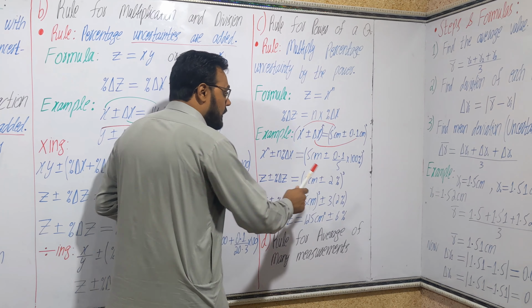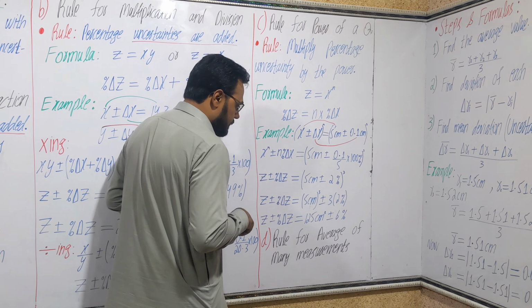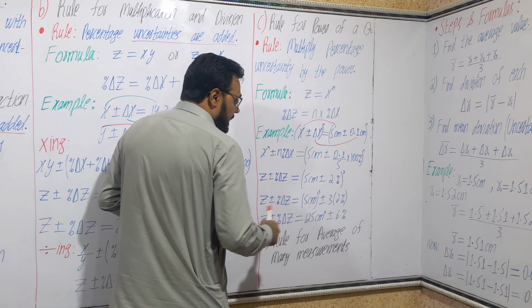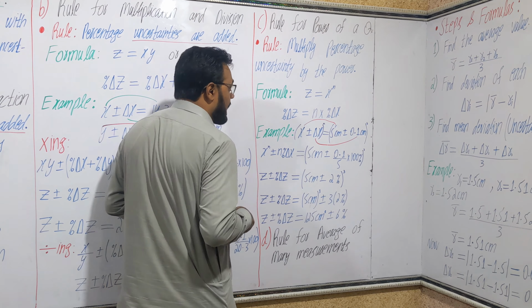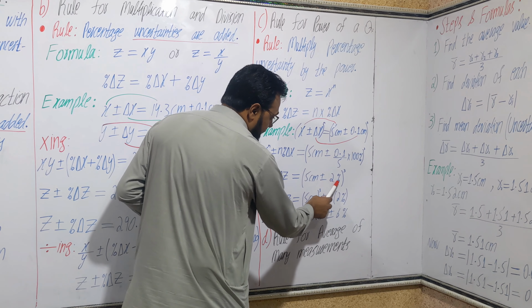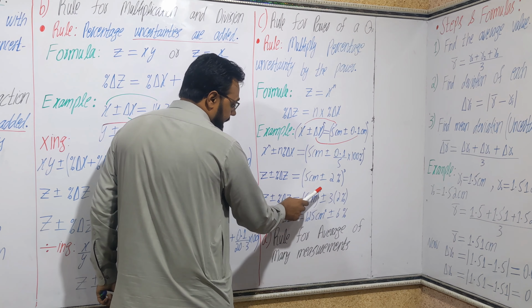Here, you can't open the cube formula, a cube plus b cube, because it's uncertainty. The rule for uncertainty is to multiply the power with the percentage uncertainty. Power is 3, so 3 multiplied by the percentage uncertainty.